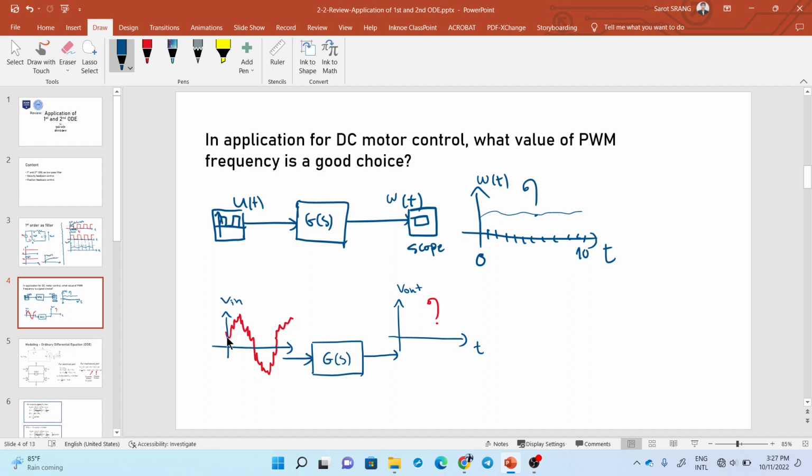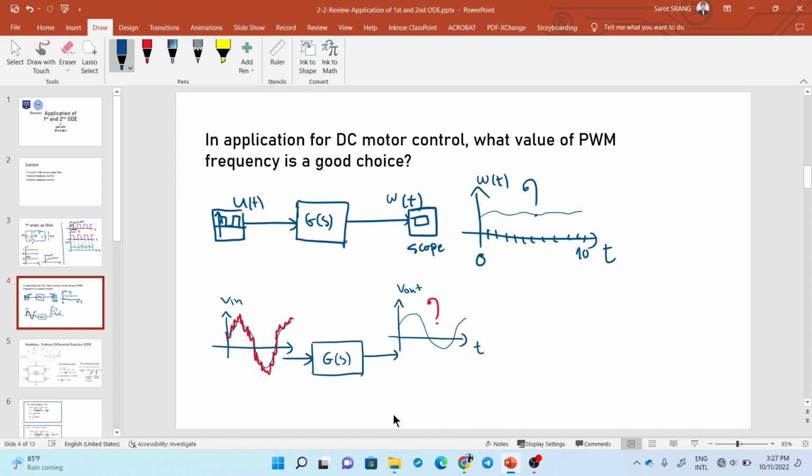So you can see here, the pure signal is supposed to be smooth like this. But if the signal is corrupted by noise, then the filter system can also filter out the noise. The expected output should be something like this.